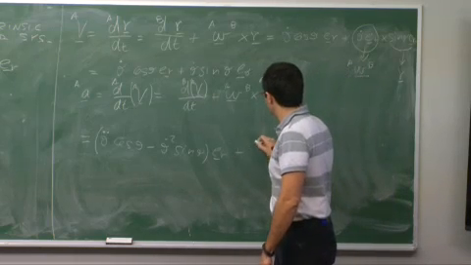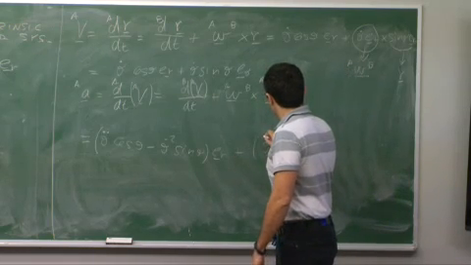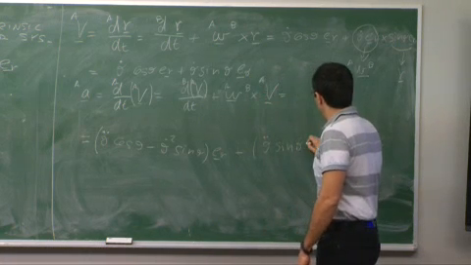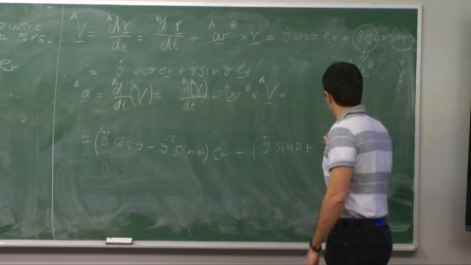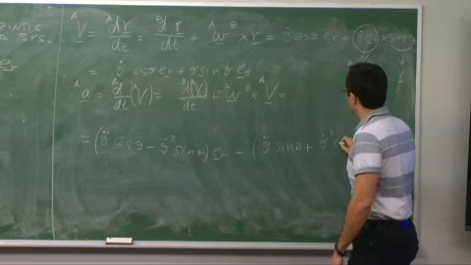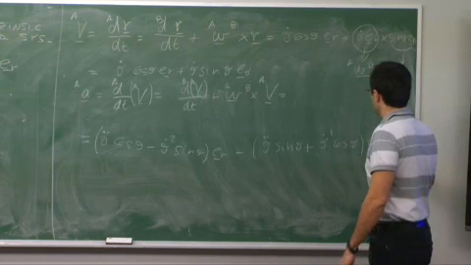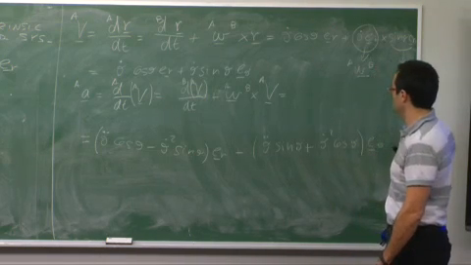So plus theta double dot. I do the derivative of the first times the second plus the derivative of the second times the first. That's what I'm doing here. Making sense?